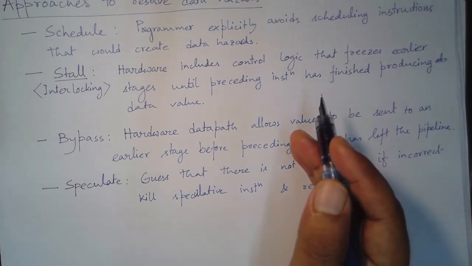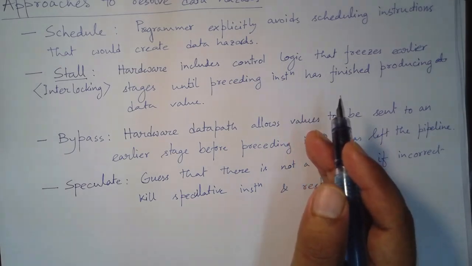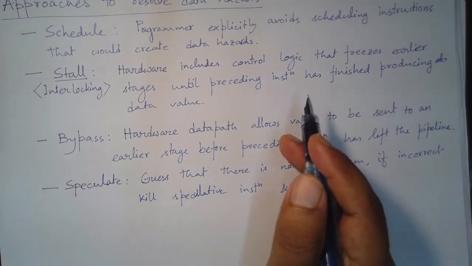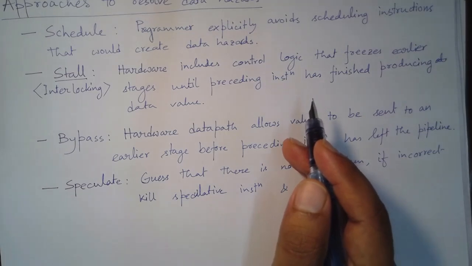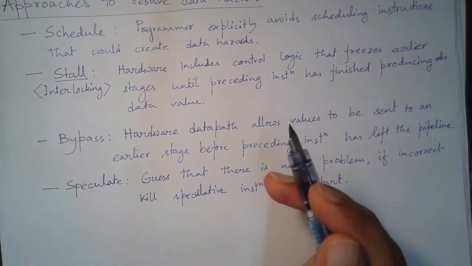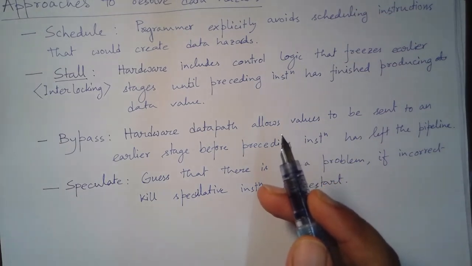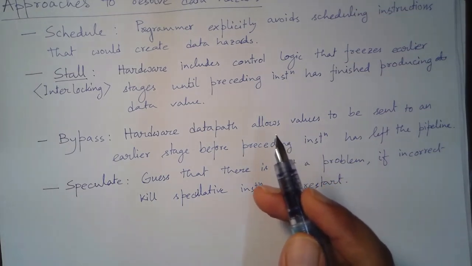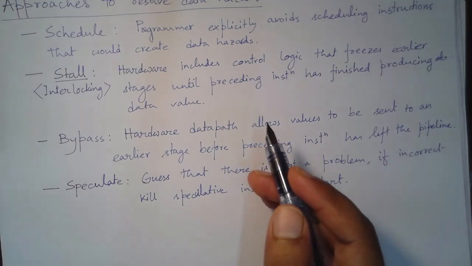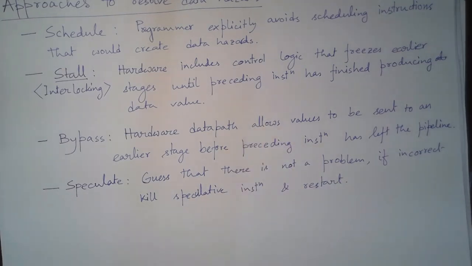So basically, later stages provide some dependence information to the earlier stages, and depending on that, the earlier stages, which are, let us say, in the fetch stage or decode stage, can decide whether to stall or not. Now, coming back to this example again.